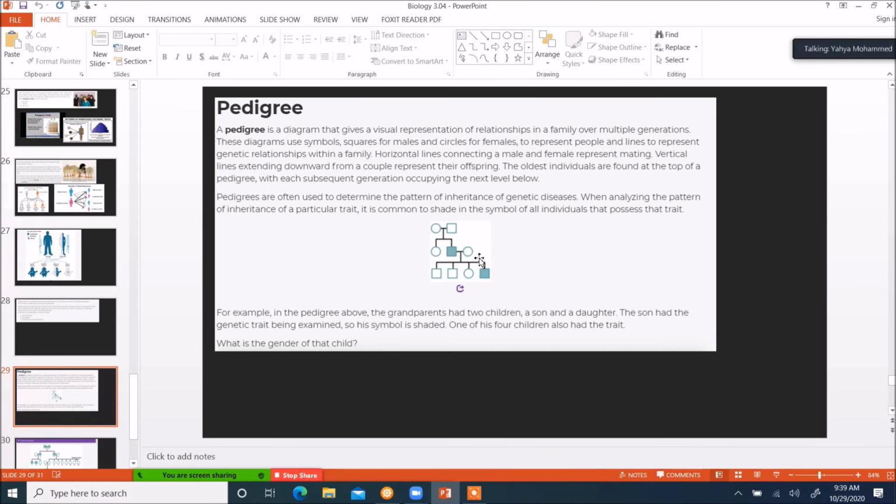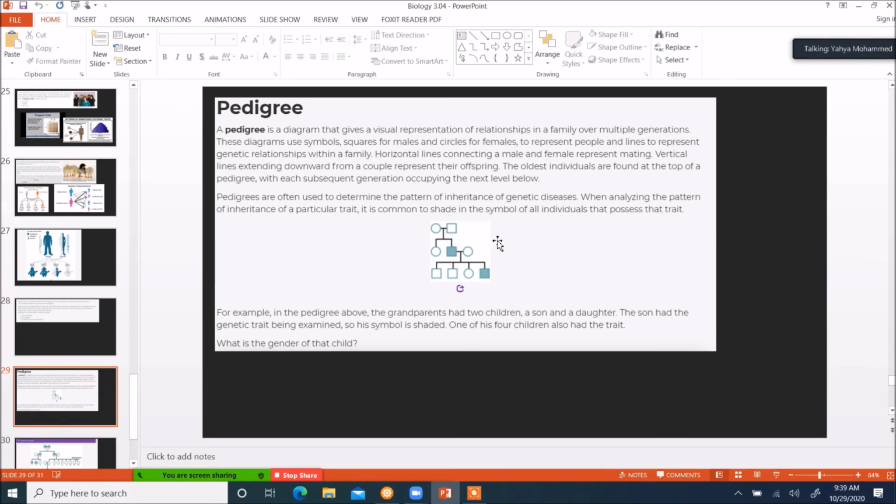Now some of these are colored, and some of these are empty. So whatever particular trait or disease you're trying to track, if it's empty, that means that person, like for example here, doesn't have that disease. If it's filled in, like you see, this square here is colored in, this square here is colored in, that represents that person has the disease or has the trait.